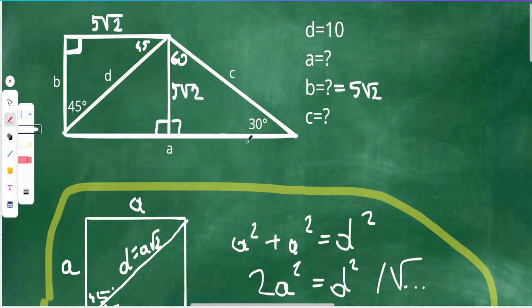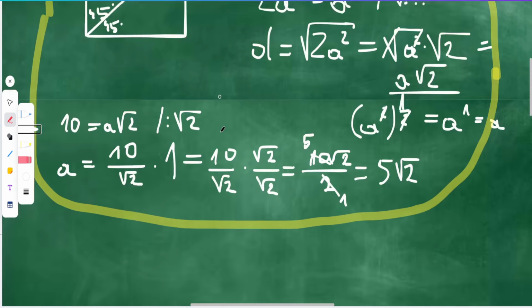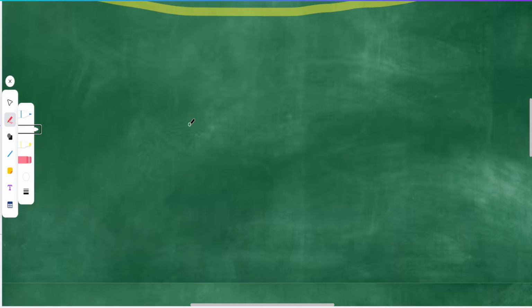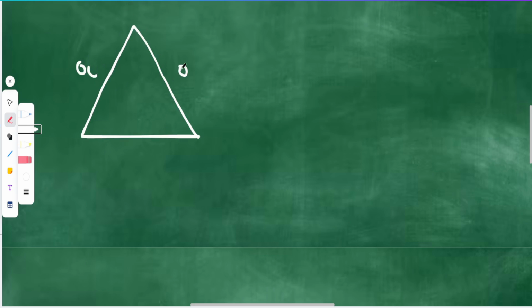And apart from that, I immediately recognize that this is a special triangle. So let's try to handle such a special triangle. It is an equilateral triangle. An equilateral triangle has all sides of the same length.